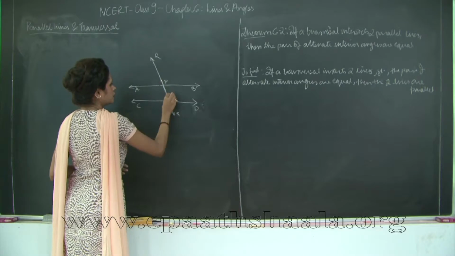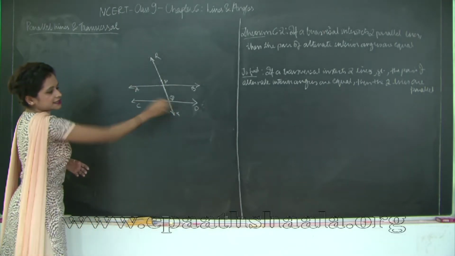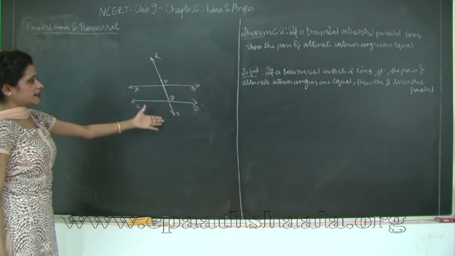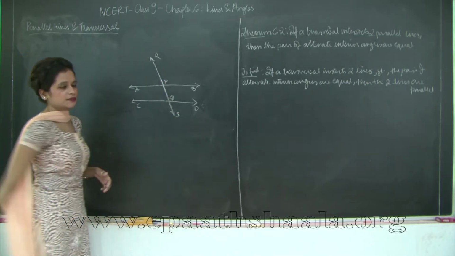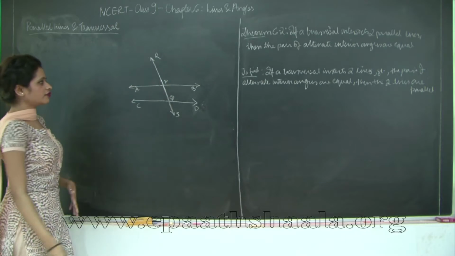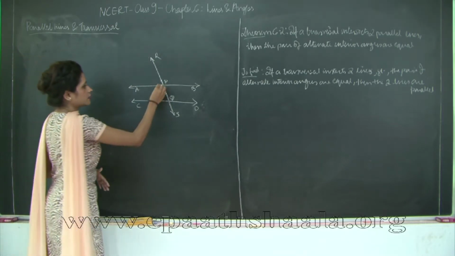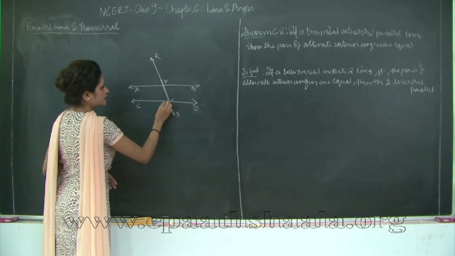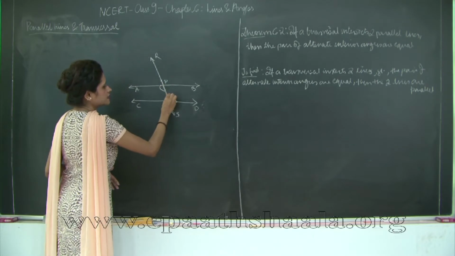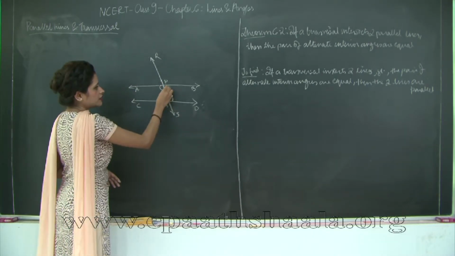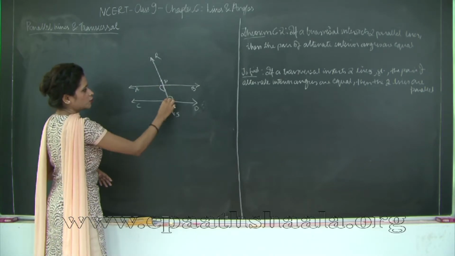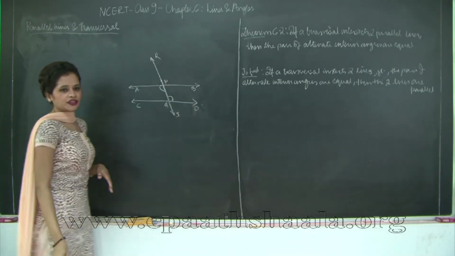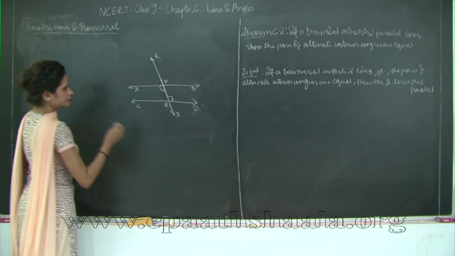We have lines AB and CD getting intersected by a transversal RS at two distinct points P and Q respectively, and it is given that the pair of alternate interior angles are equal. That means, suppose I call this Q, this angle is equal to this angle and also this angle is equal to this angle. But for now we will take into consideration APQ is equal to PQD, right? So let's just do this.